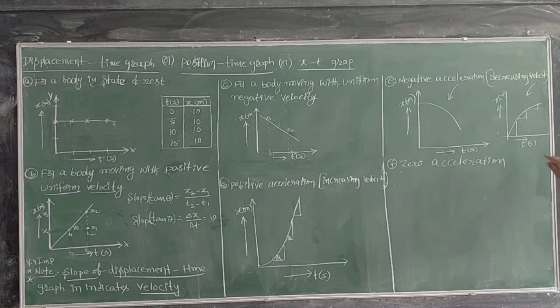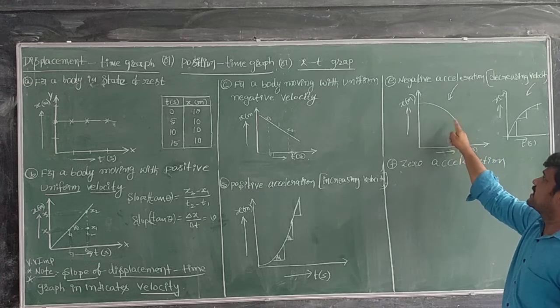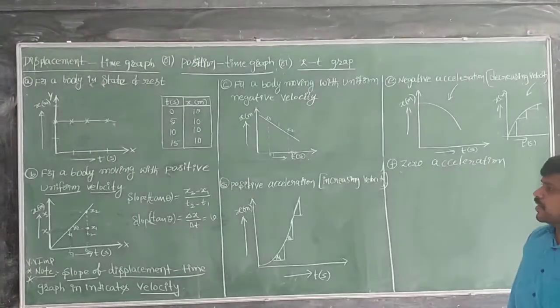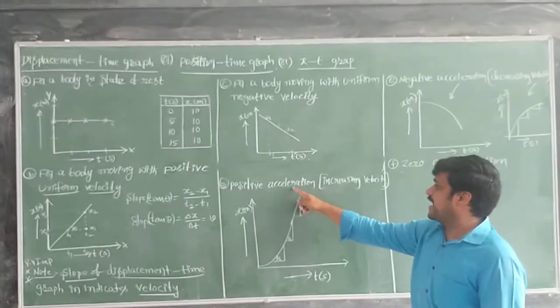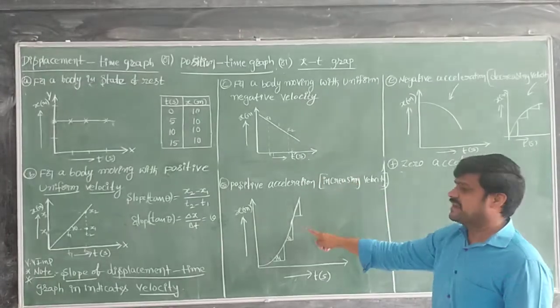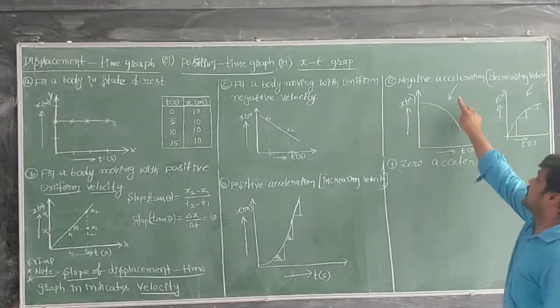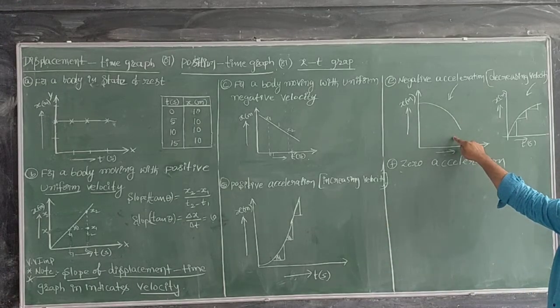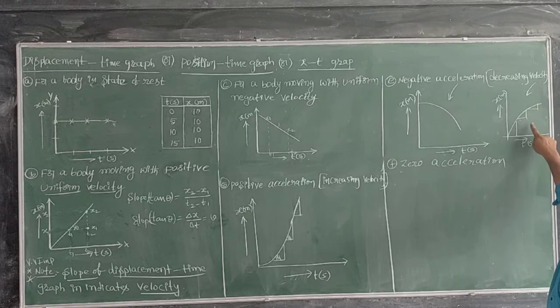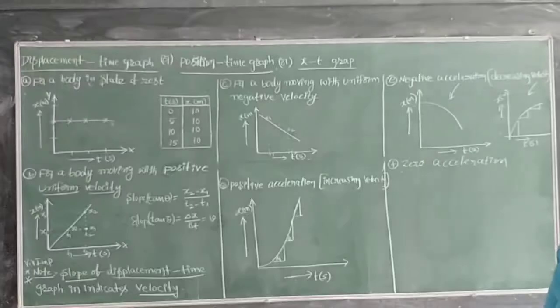If the slope value keeps on decreasing, then it is said to be a decreasing velocity graph. If you get a graph like this, it is negative acceleration. For positive acceleration, the increasing velocity graph, we can take it in the simple manner, but for negative acceleration we can take the graph like this, decreasing velocity.